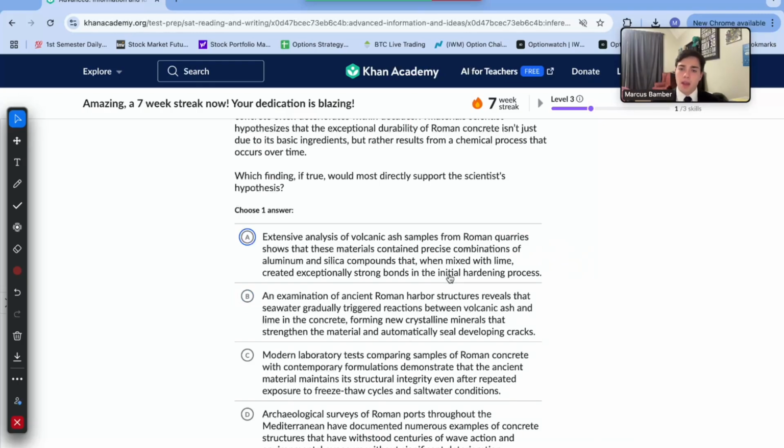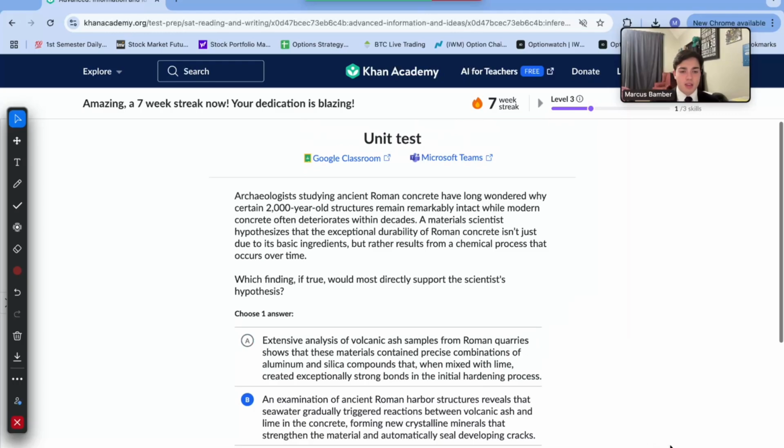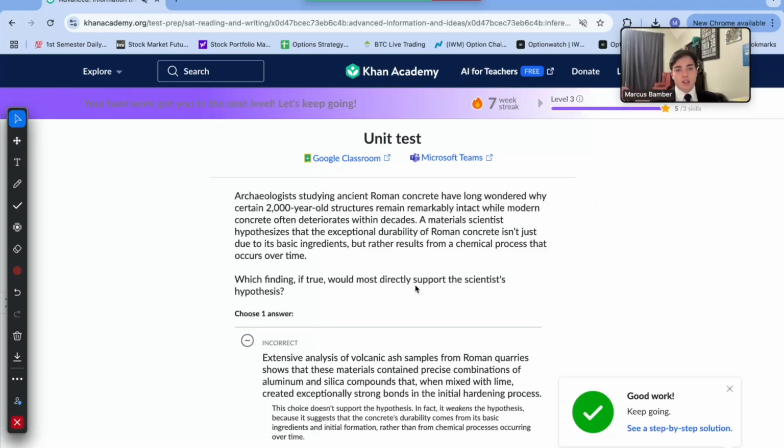Let's take a look at answer choice B. An examination of ancient Roman harbor structures reveals that seawater gradually triggered reactions between volcanic ash and lime in the concrete, forming new crystalline materials that strengthen the material and automatically seal developing cracks. This is exactly what the claim is discussing: a chemical process that occurs over time that results in the durability of Roman concrete outside of its basic ingredients. So the seawater causing these different reactions. And choice B is indeed the correct answer for this question.